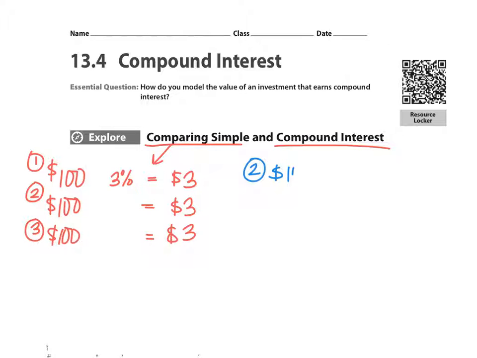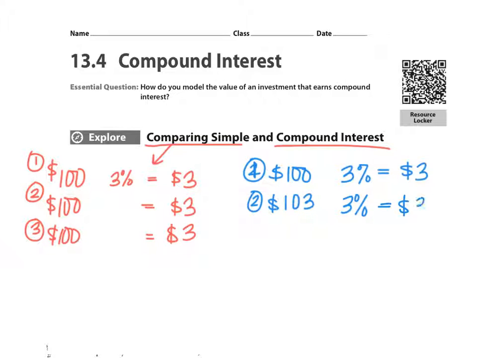Compound interest should kind of remind you of a geometric sequence. So compound interest is going to say you start with $100 and you invest at 3%, so they're going to give you $3 back. But instead of giving you the $3, they're going to reinvest it for you. So now you have $103. In year two, that's going to give you $3.09.